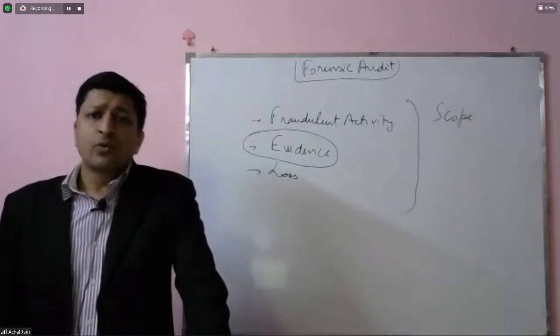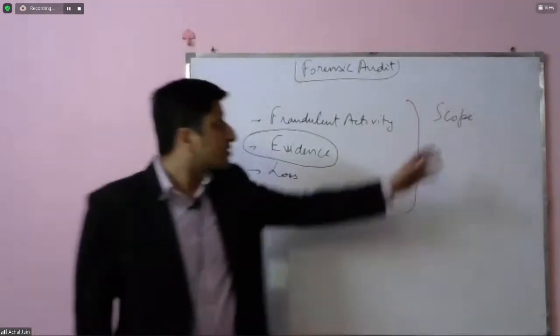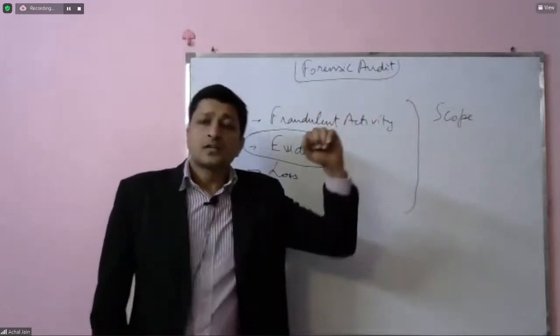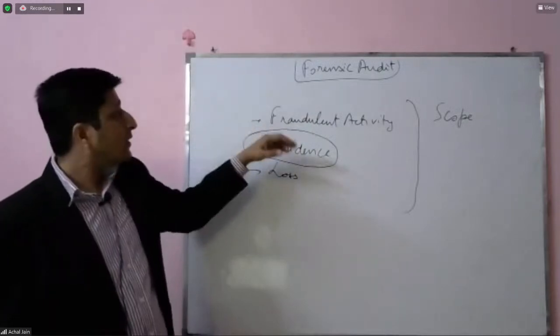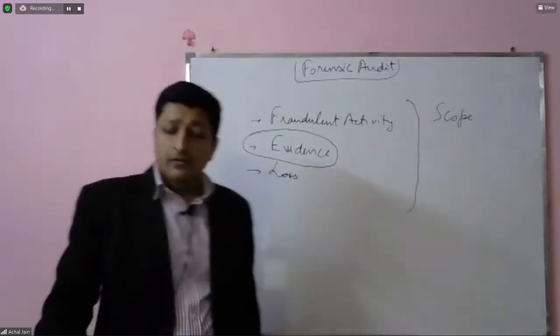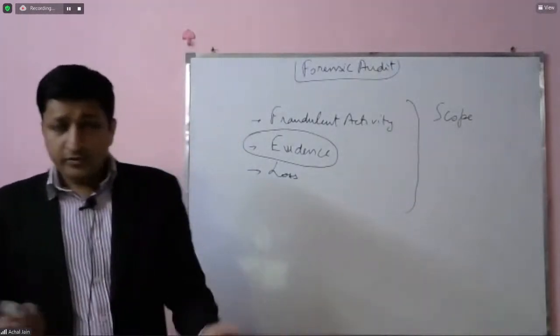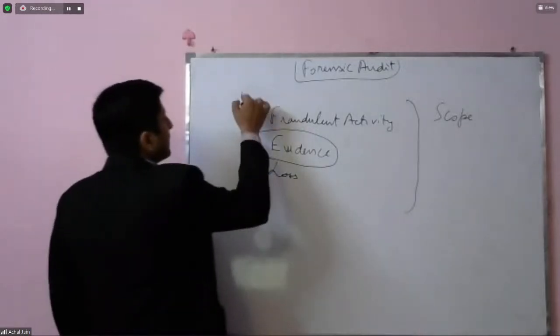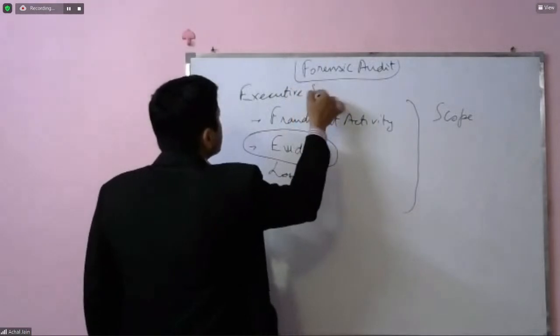That any such report should bring out, first of all, the scope, some of the requirements which will be generated through the scope. For example, the activity, the evidence, the loss which would have taken place to the individual or the company, and any such report will always start with an executive summary.